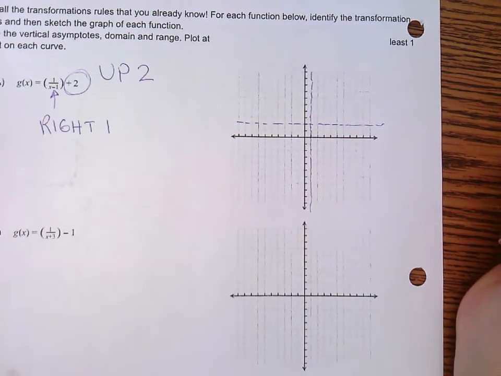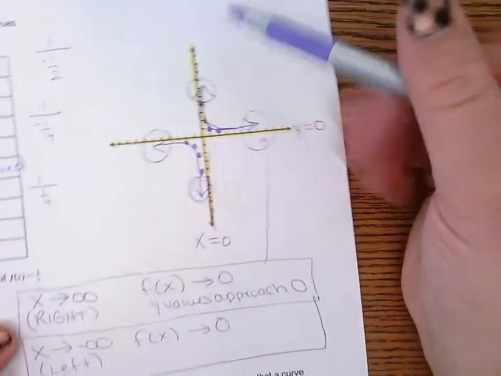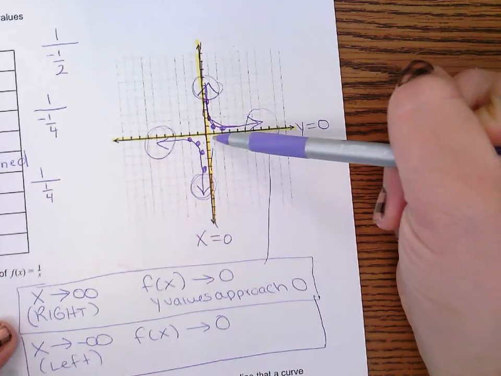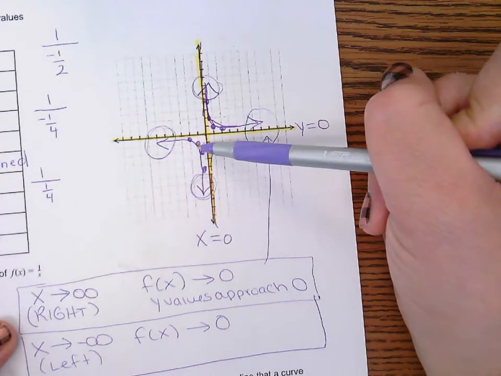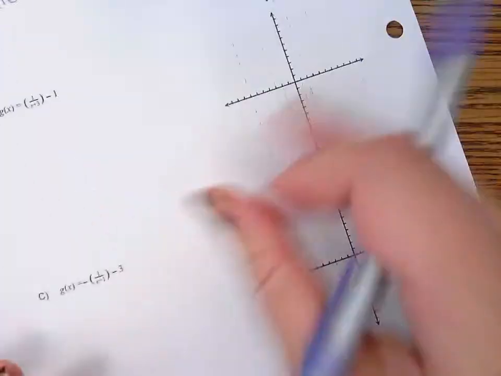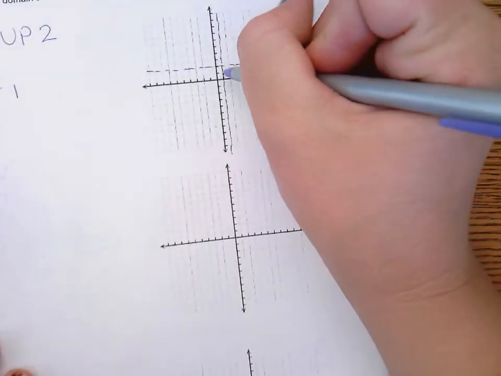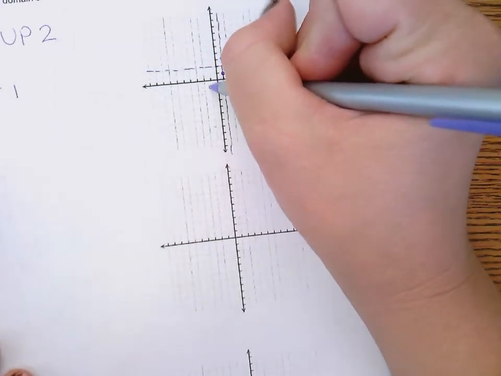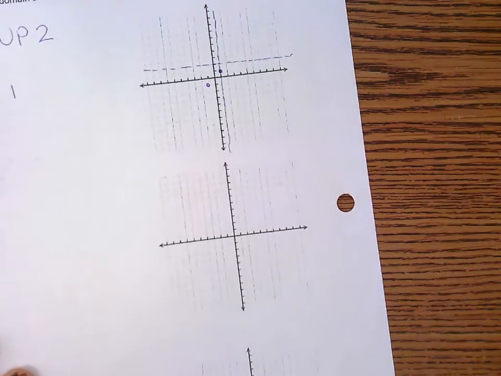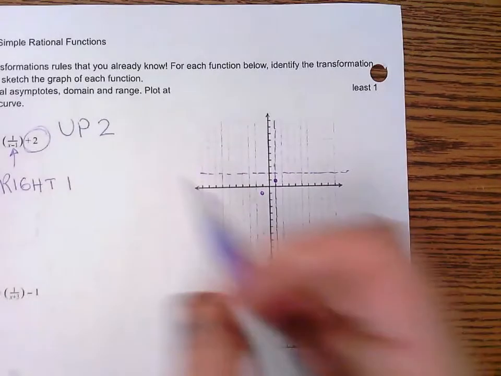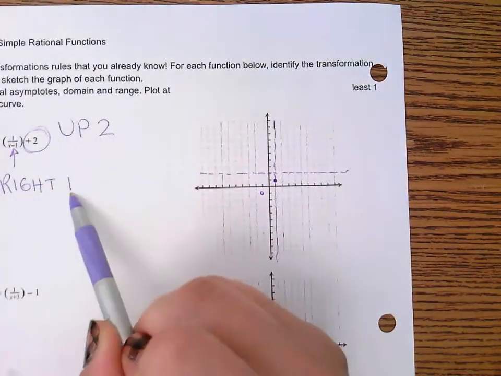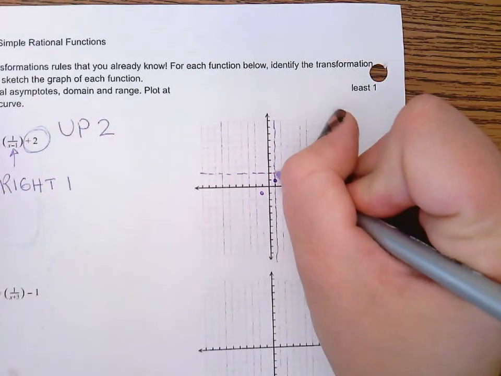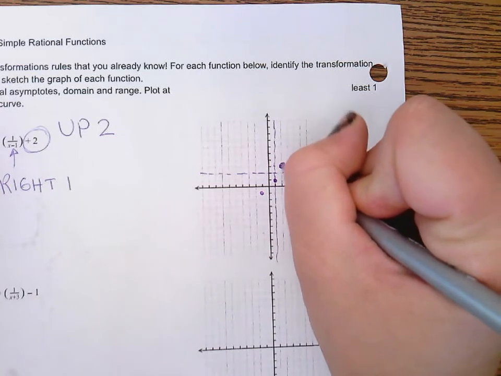And what other key points did we have? So the key points that we had were 1, 1 and -1, -1. So let's shift those 2 points. So if I originally had 1, 1 and -1, -1, and I'm going to shift those points up 2 and to the right by 1, up 2, right 1 puts me right here.